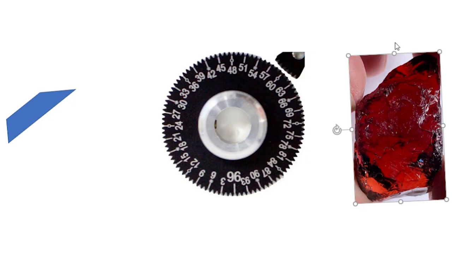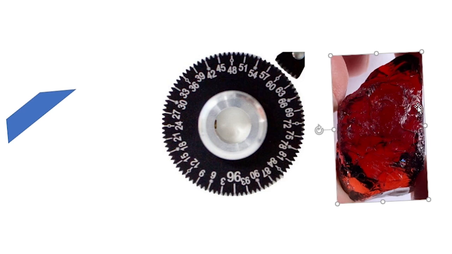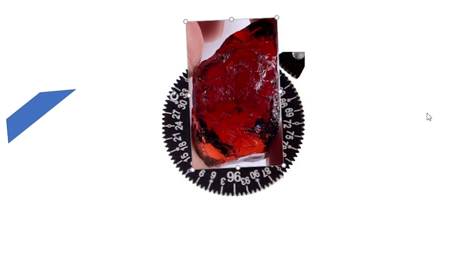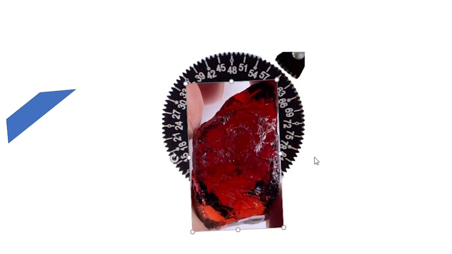So to estimate the index tooth I need to use to cut that fourth tier on each row, I'm just going to hold my rough up to the 96 index gear with the three straight sides aligned to the 96, 24, and 72 teeth, and then just guesstimate what tooth would be needed to cut that fourth diagonal shaped line. And in this case, it looks to me like the 38 tooth will work, although some other teeth may work just as well. But I'll go with the 38 tooth for our fourth facet in our trapezoid.